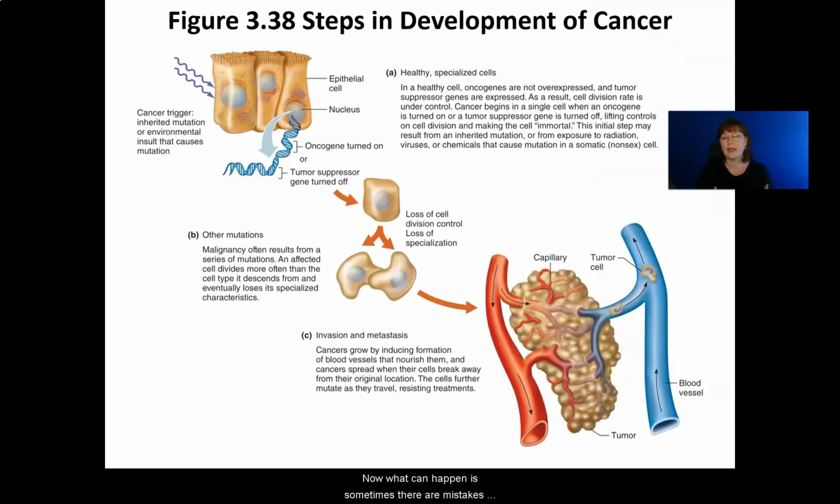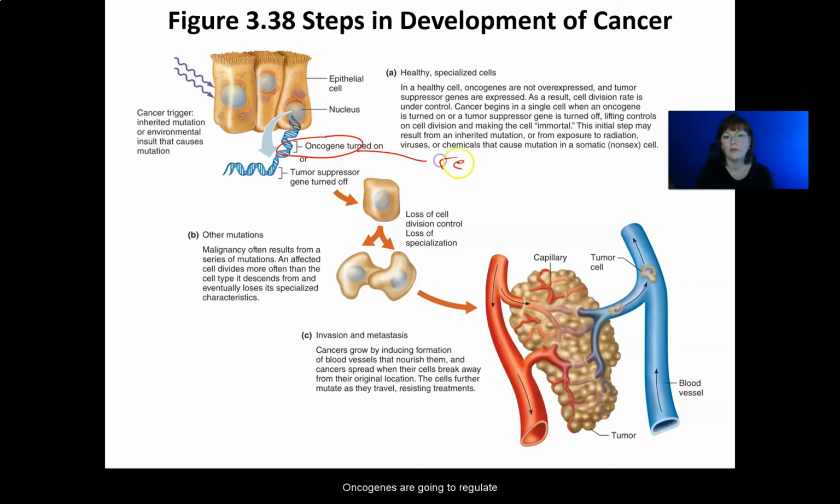Now, what can happen is sometimes there are mistakes in the DNA. And when that happens, you have a mutation. There are 2 really important genes that you have in your cells right now that are normal, healthy genes that help to regulate if and when that cell divides. These are not damaged genes. These are not mistakes. These are genes that you have. I can't stress that enough. So you have oncogenes.